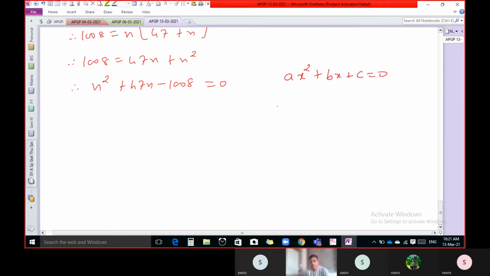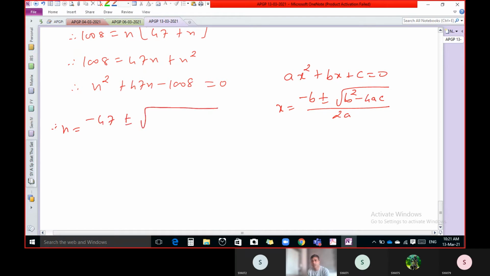If any quadratic equation is given and you want to find the value of x or any variable, the formula is minus b plus or minus root b square minus 4ac upon 2a. So you can write n equals, tell me b here. What is b? Compare and tell me b. 47. So we write minus 47 plus or minus.